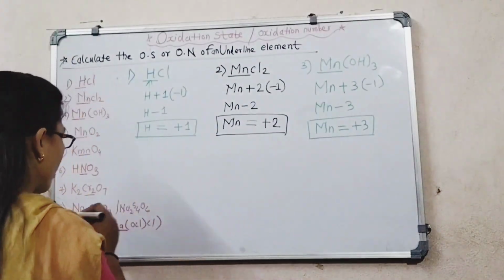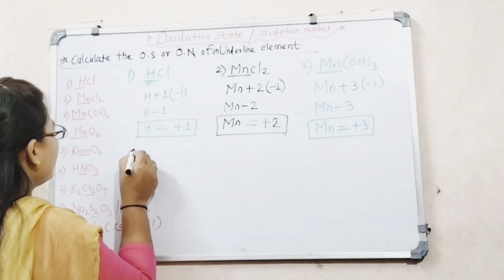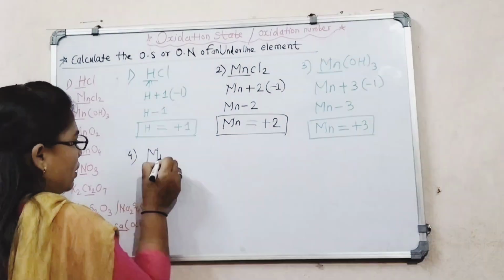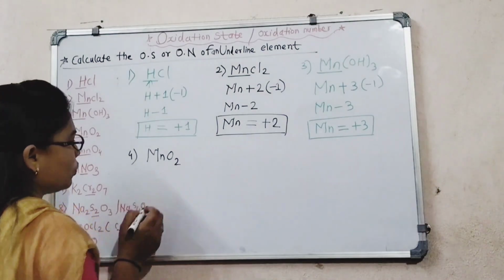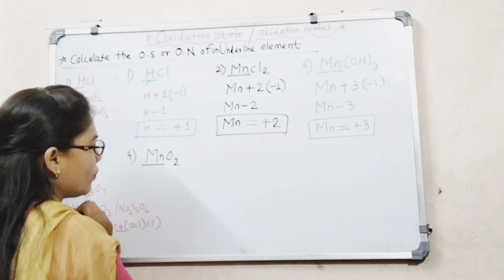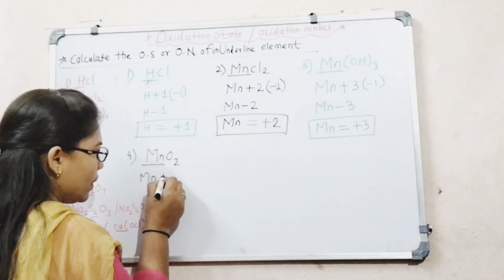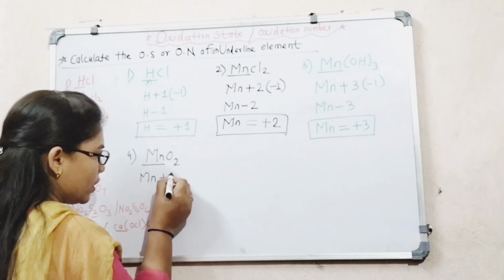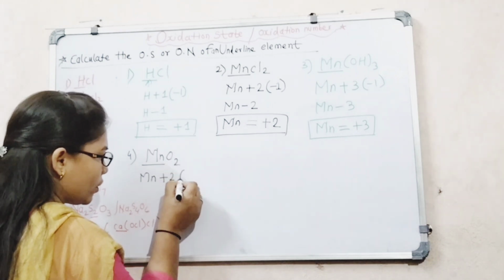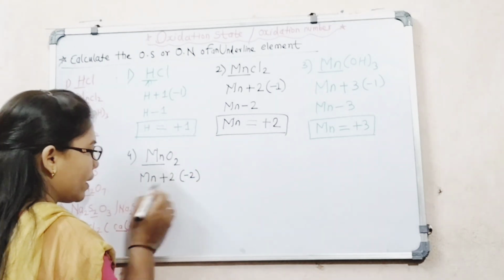Then the fourth example is MnO2. In this example, we have to calculate the oxidation state of Mn. So I write Mn plus. The number of oxygen is 2 and the oxidation state of oxygen is -2, so I write -2.